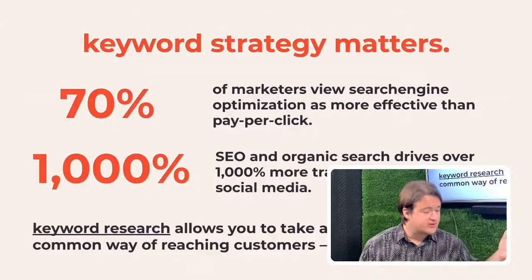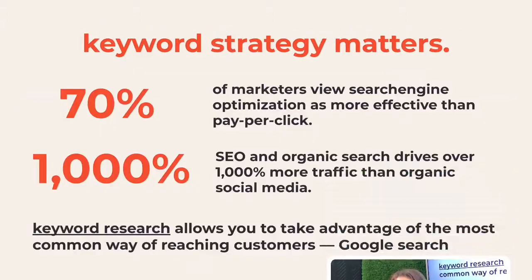So here's a few stats about keyword research, because if you don't already know about keyword research and how it impacts SEO, let's just talk about it very briefly. 70% of marketers view search engine optimization as more effective than pay-per-click.